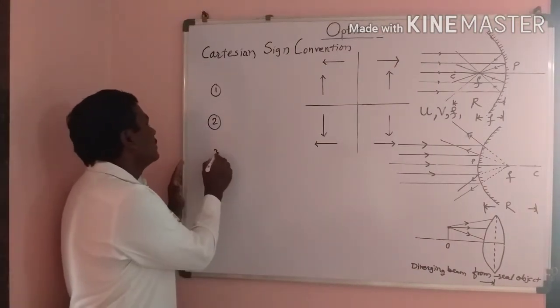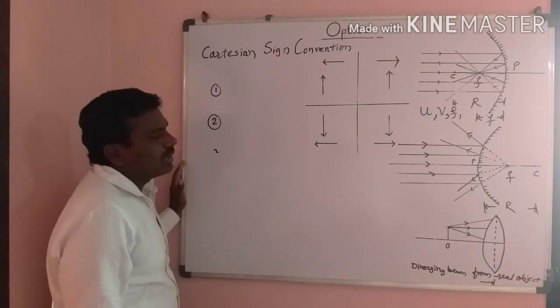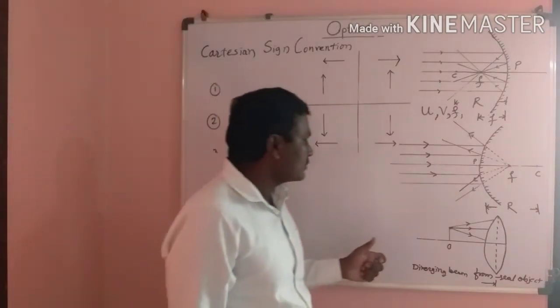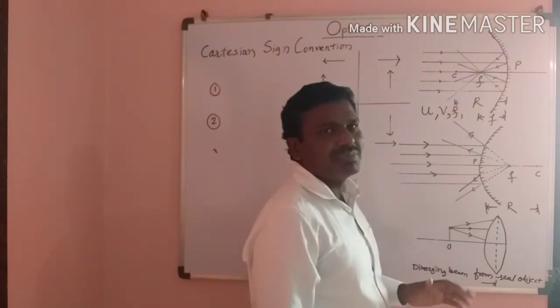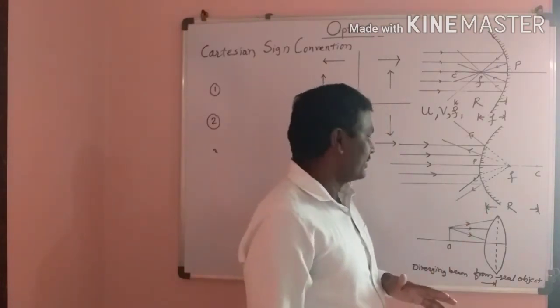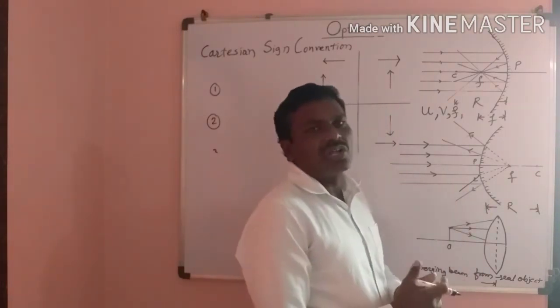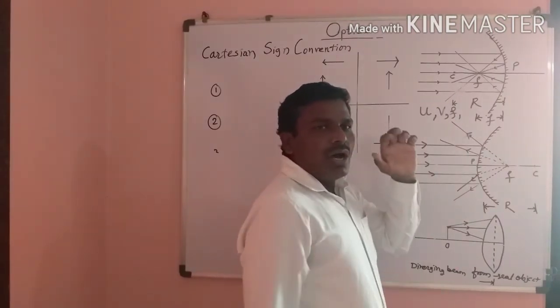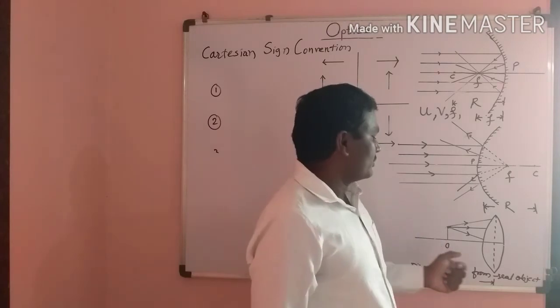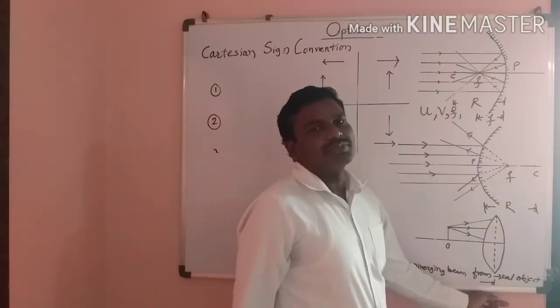Again, in that second rule, if we consider a diverging beam, where the rays are separated and incident on the lens, the image formed is from a real object.